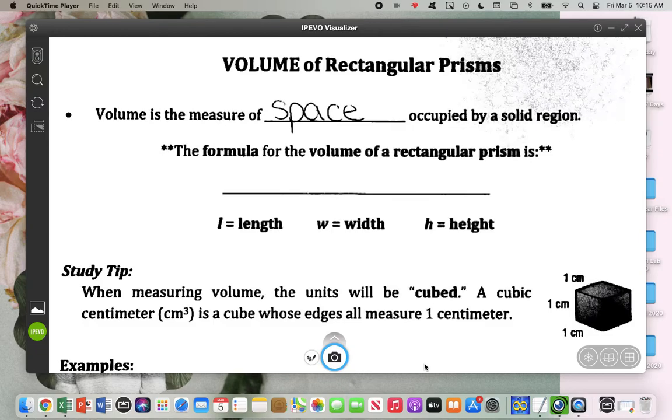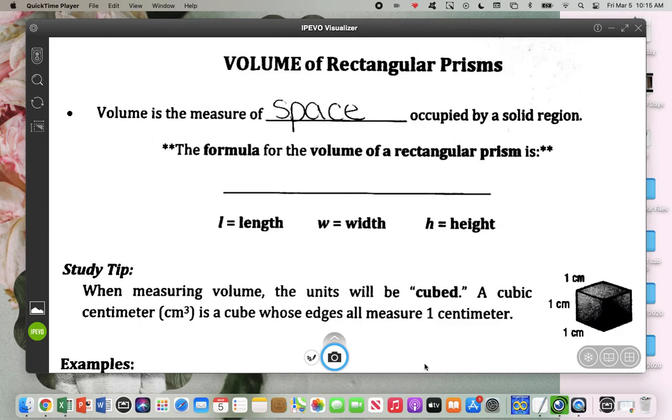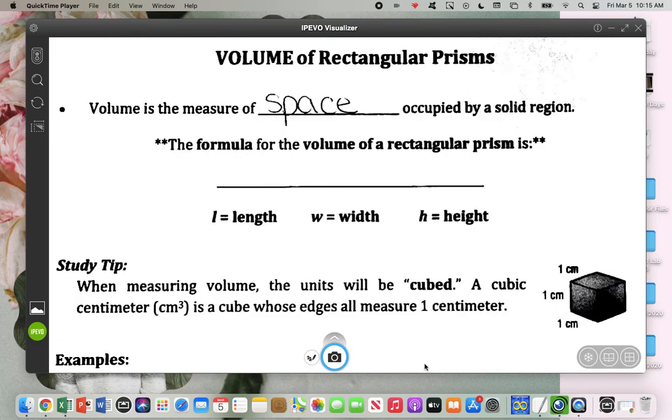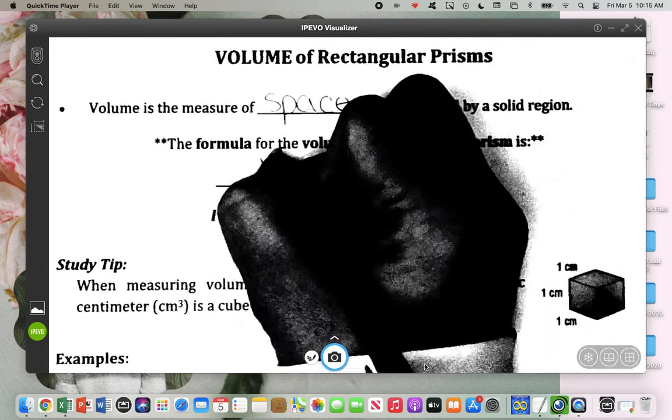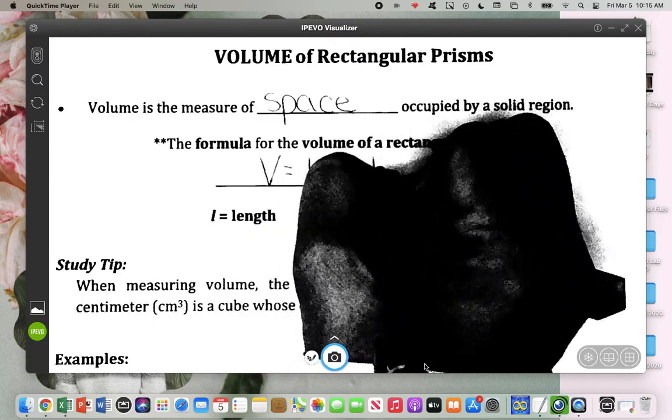So the formula for rectangular prisms, which are just boxes: we have a length, a width, and a height. Do you guys remember how to find the volume if you have a length, a width, and a height? Length times width times height. So volume equals length times width times height.